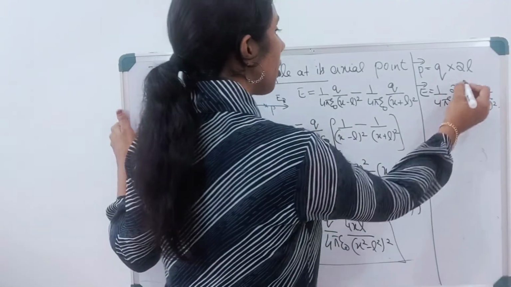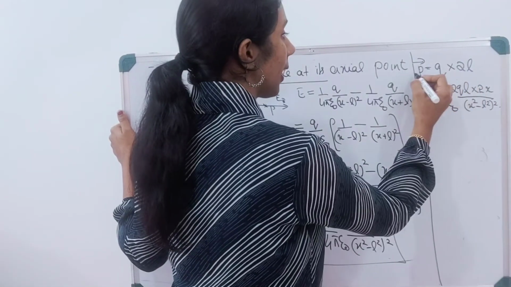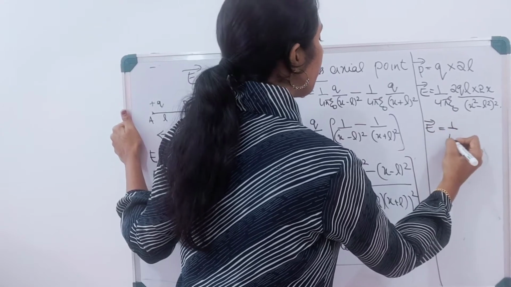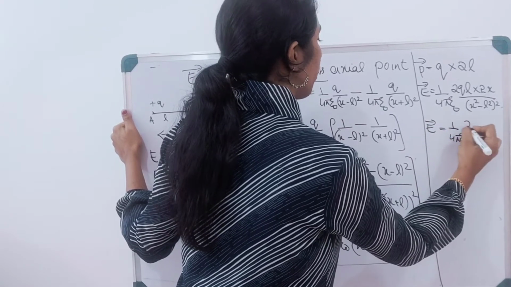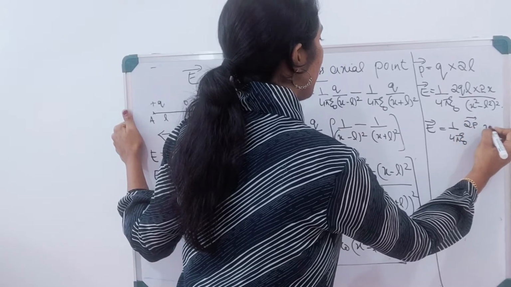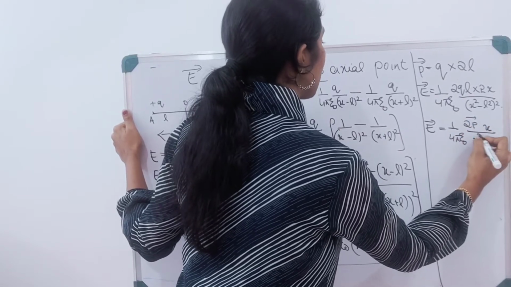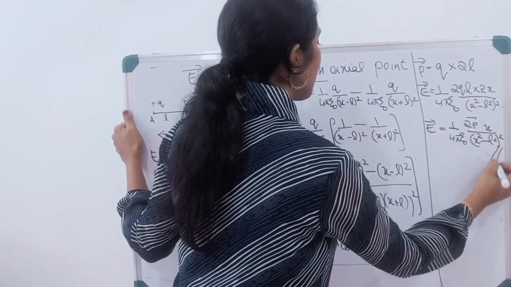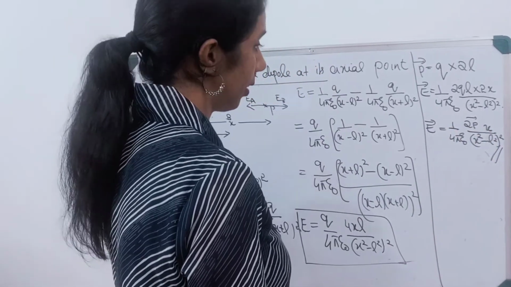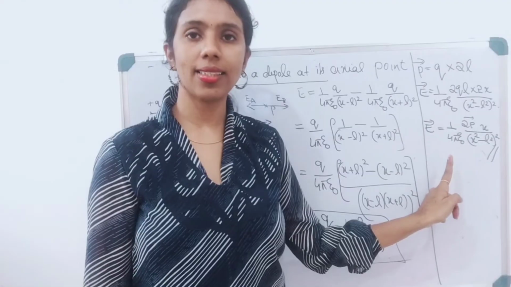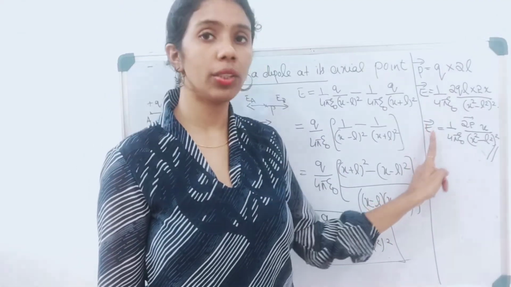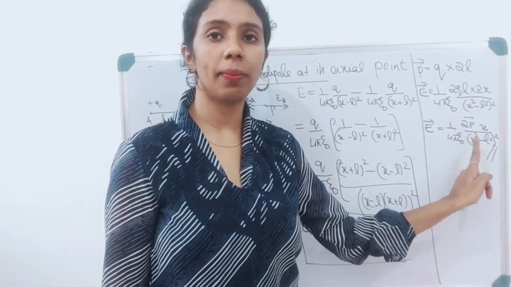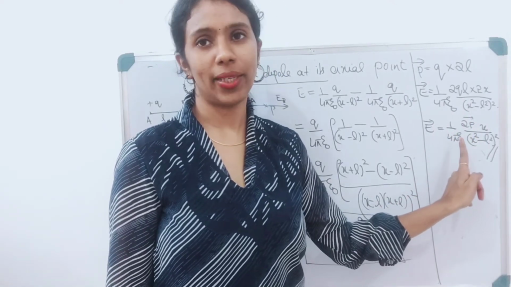Now this 2qL is nothing but P. So E is equal to 1 by 4 pi epsilon 0, 2P into x divided by x square minus L square the whole square. So this is the expression for electric field at the axial point of a dipole.